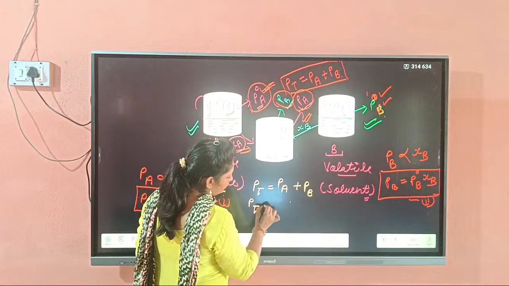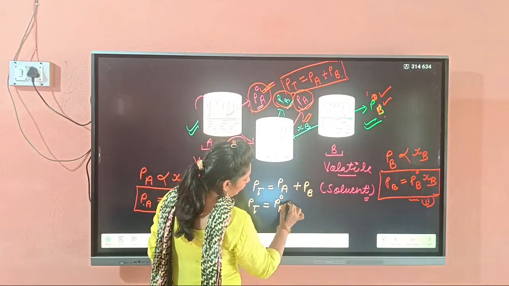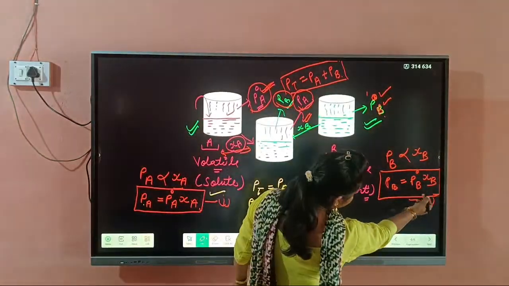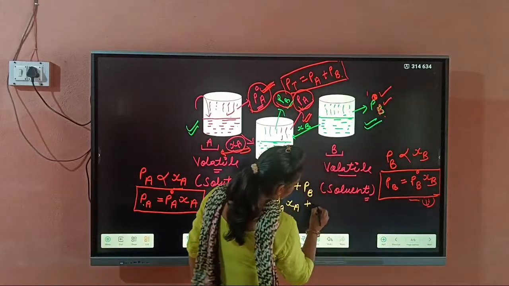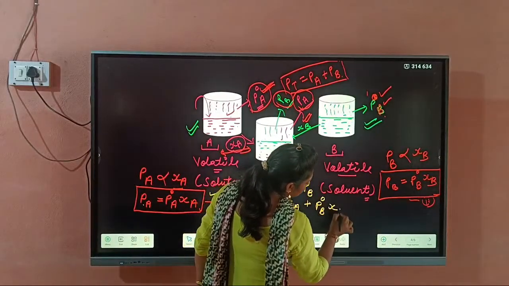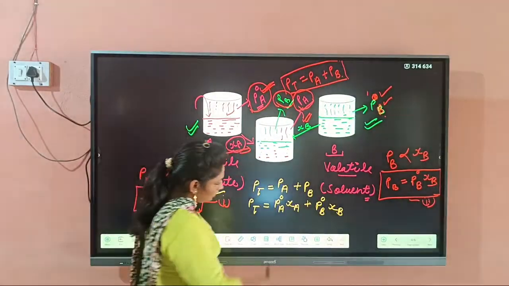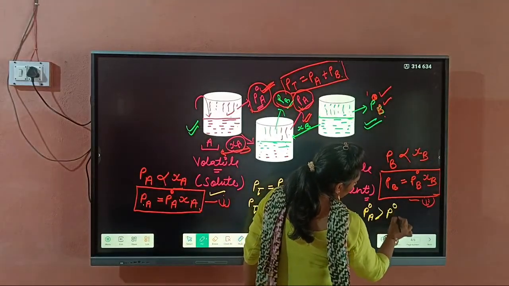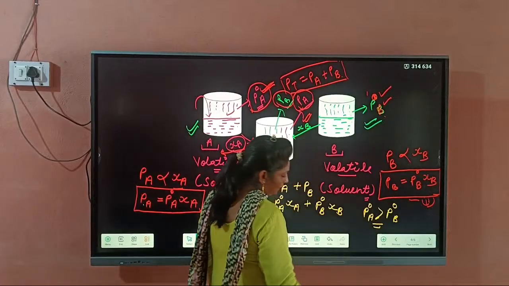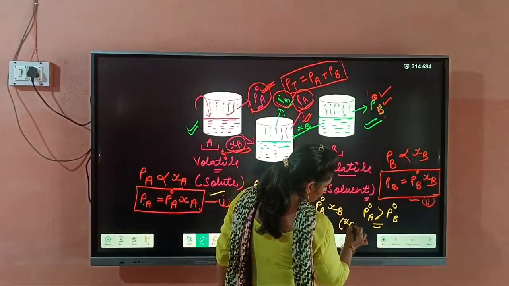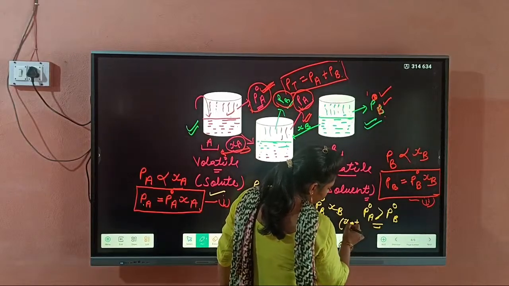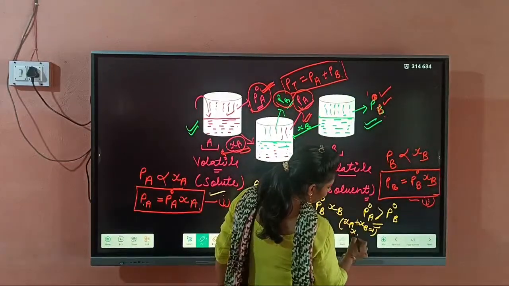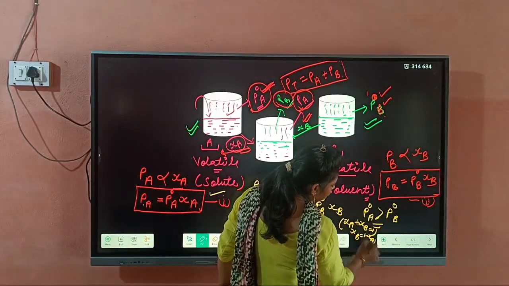So put the value: P naught A XA plus the value of PB according to equation 2, PB is equal to P naught B XB. Okay students, let us consider P naught A is greater than P naught B. And we know very well the total mole fraction of a solution is always 1. So here XA plus XB is equal to 1. Here we can write XB is equal to 1 minus XA.